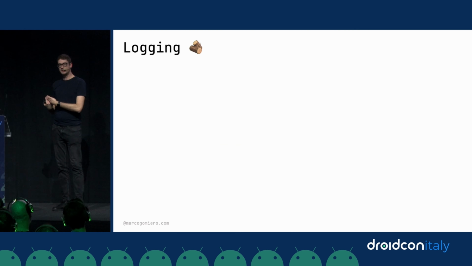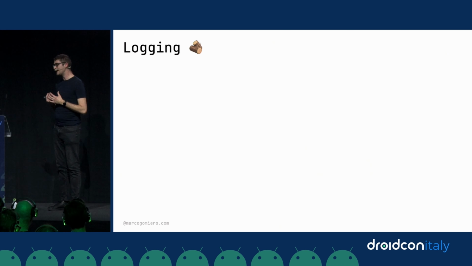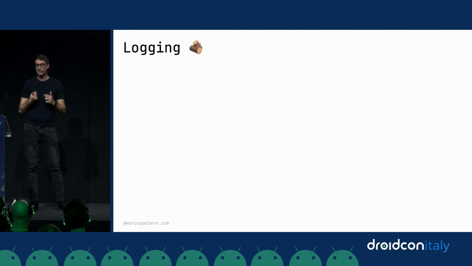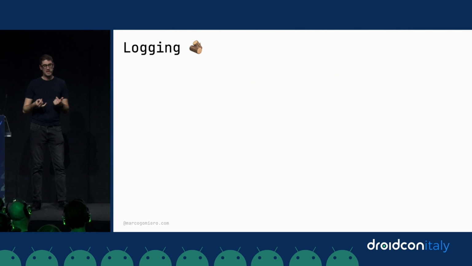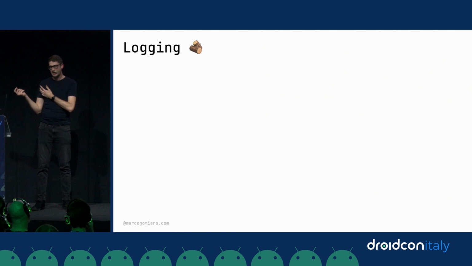I also wanted to log some stuff, because people that build RSS feeds are pretty creative, especially with date formats. So sometimes the parsing of the dates fails, and I want to check that. Of course, I'm not going to crash the app because a date doesn't format correctly, but I want to know about it.